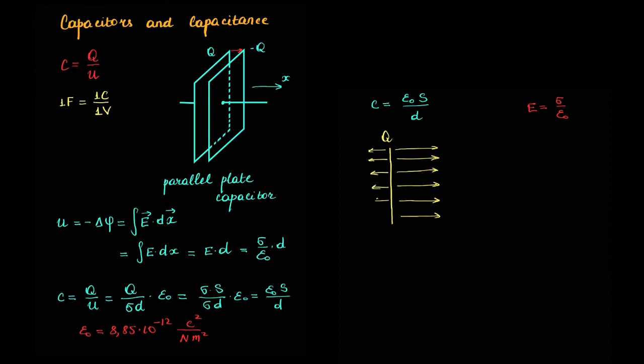In the previous lecture, we showed that an infinitely large plate has a uniform electric field, and using Gauss's law, this field is just sigma over 2 epsilon 0. Now consider we also have another plate which is negatively charged.